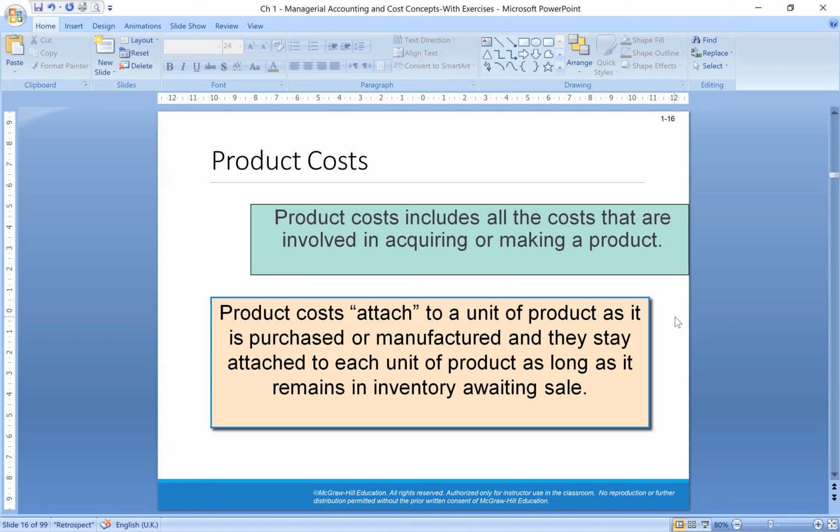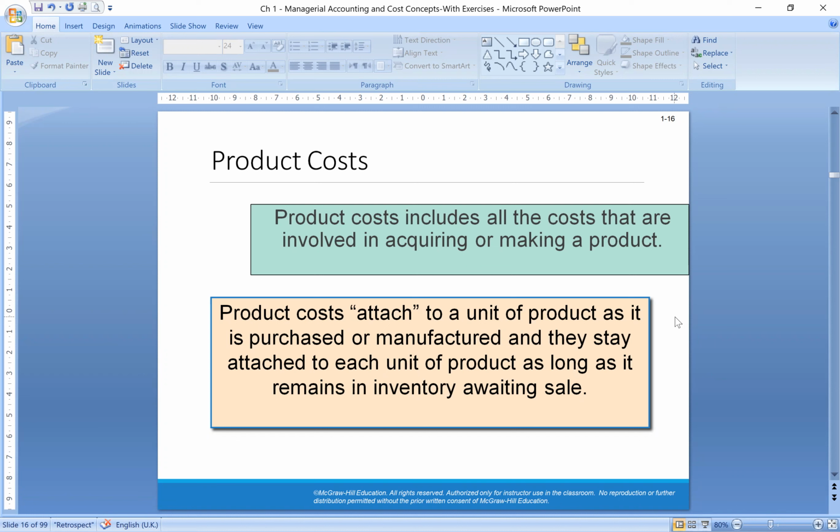Product costs attach to a unit of product as it is purchased or manufactured, and they stay attached to each unit of product as long as it remains in inventory awaiting sale.